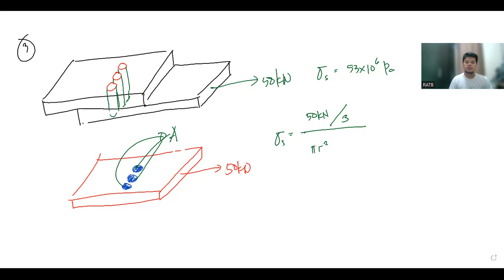The question is the diameter. So perhaps we can have 53 times 10 to the power of 6 equal to 50,000 Newton divided by pi over 4 d squared, wherein d is the diameter of each rivet.